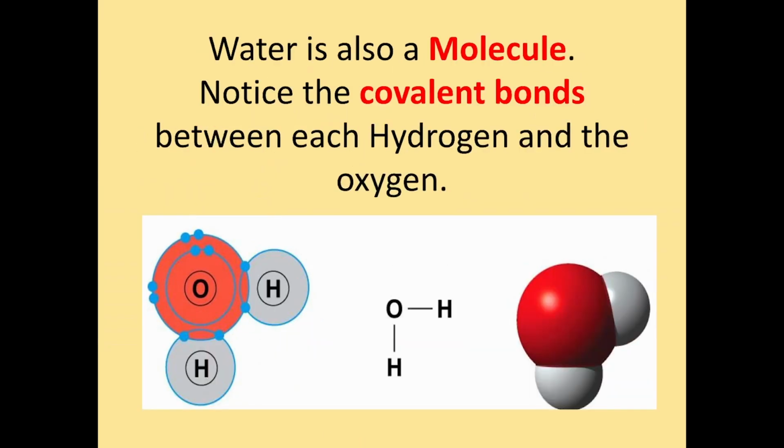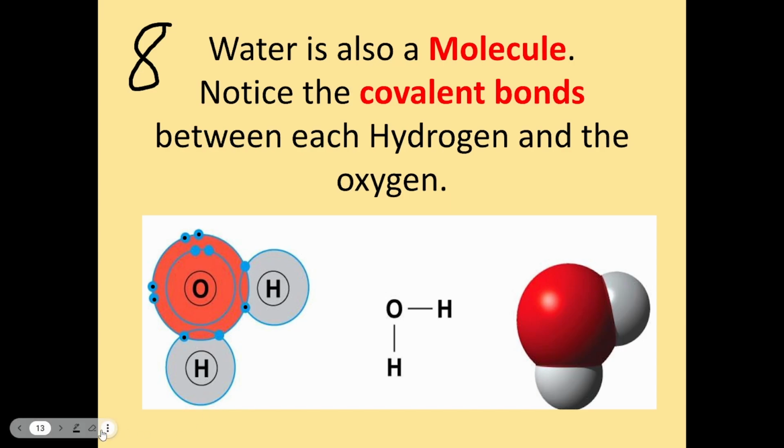That's important. Water is a molecule because there are covalent bonds, sharing of electrons between hydrogen and oxygen. For example, oxygen has 1, 2, 3, 4, 5, 6 electrons in its outermost layer. It wants 8 because 8 is the magic number.